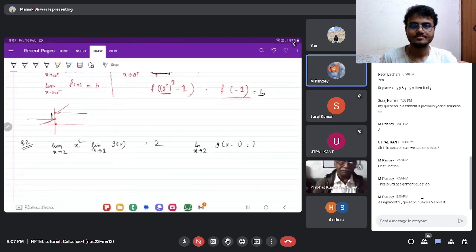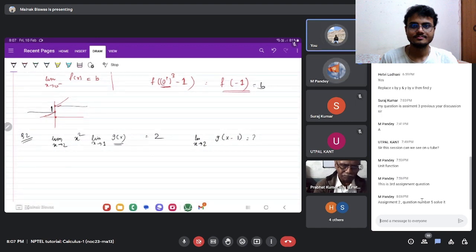Okay. So this is a function g, right? So at x is equal to 2, this is a constant thing, right? Look at this. For f at x square, you can directly put this value. It will become 4. X square is a continuous function.